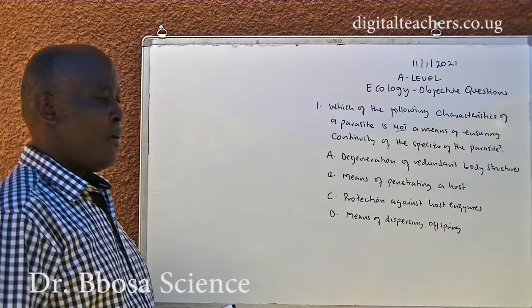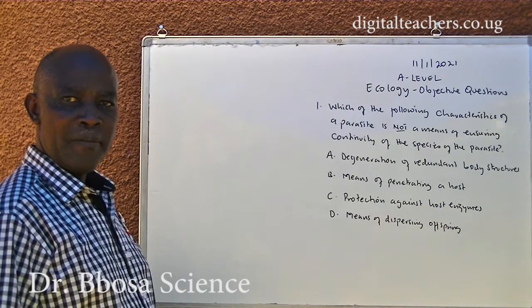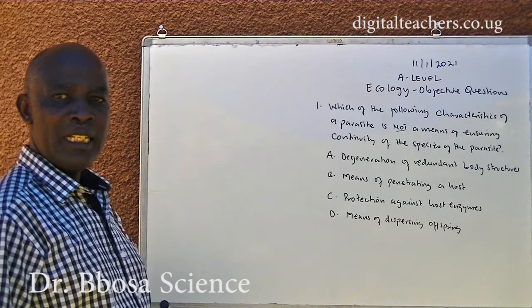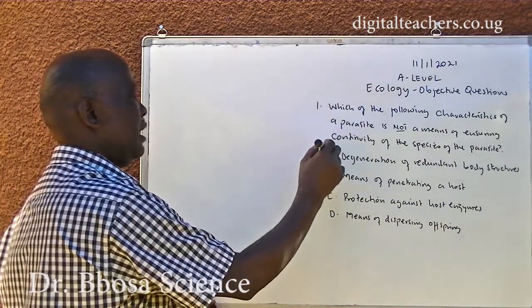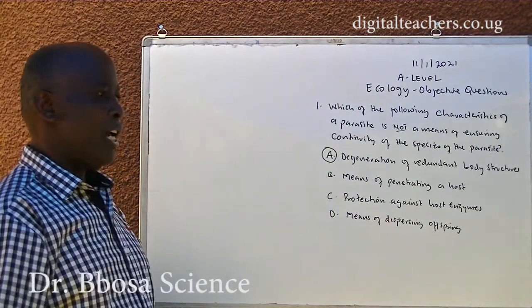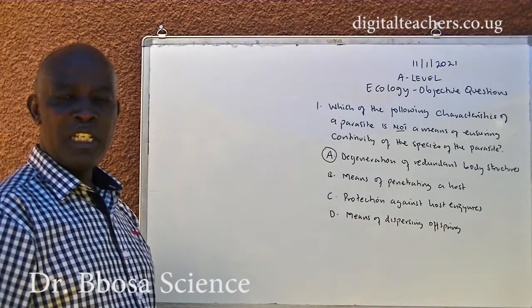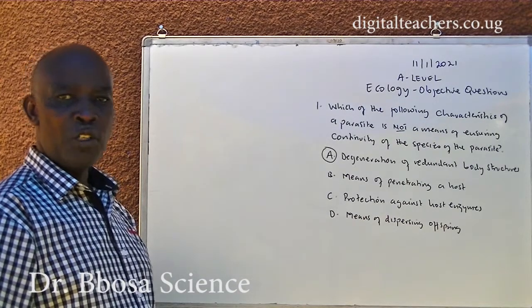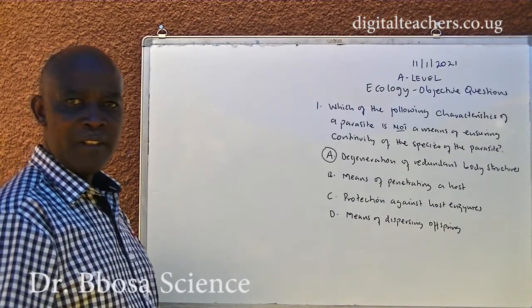D. Means of dispersing offspring. You can pause and answer. The answer is A. The generation of redundant body structures is just a way of reducing a burden on a host, but not continuity of species.